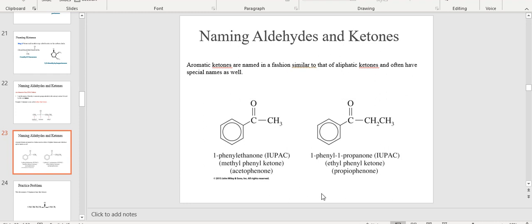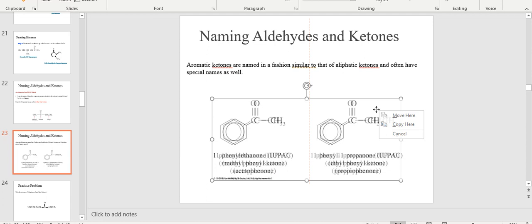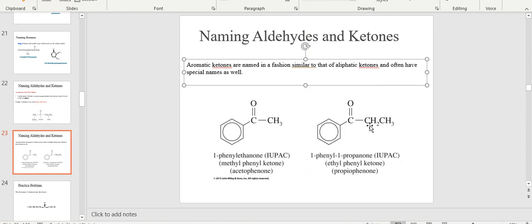Phenylethanone. What do we got here? 1-phenyl-1-propanone. Now, this one here, I like it. Because what we have here is you could have a ketone on this group, or you could have a ketone on this group here. So definitely I like the 1-propanone there.